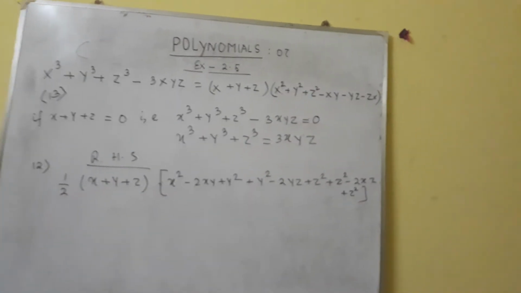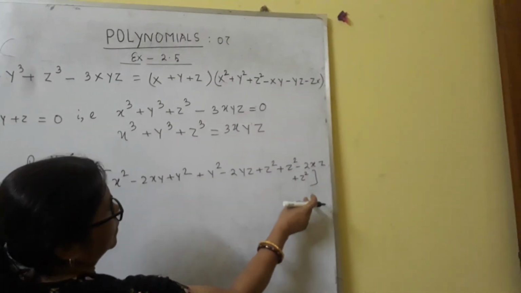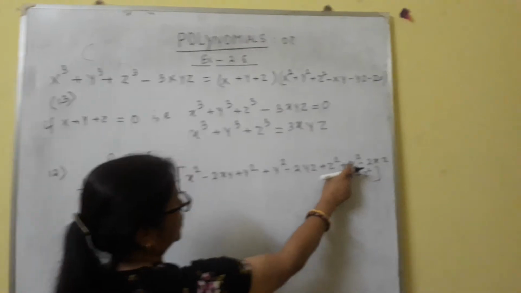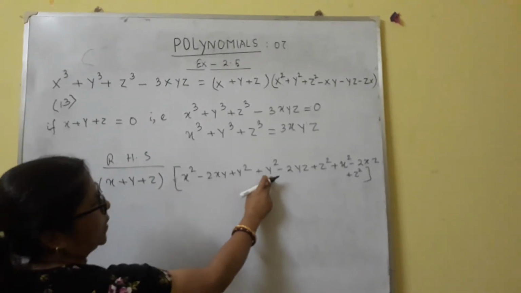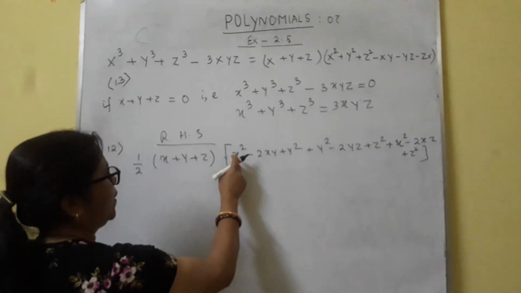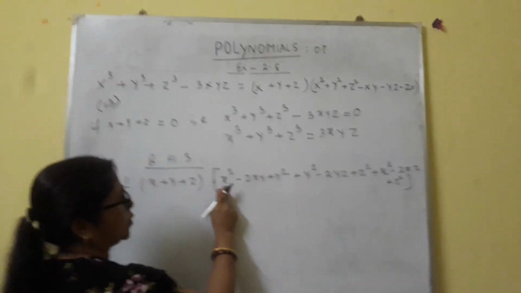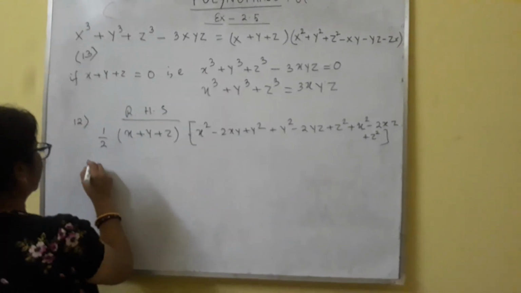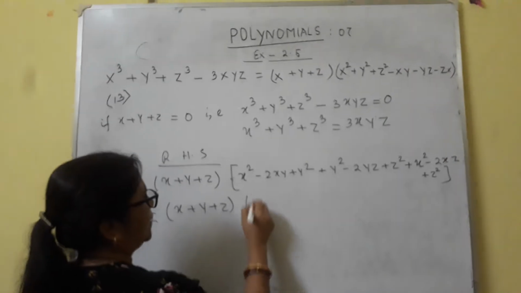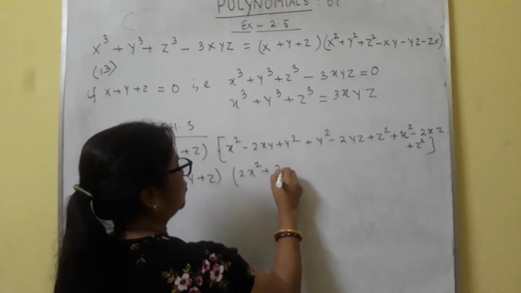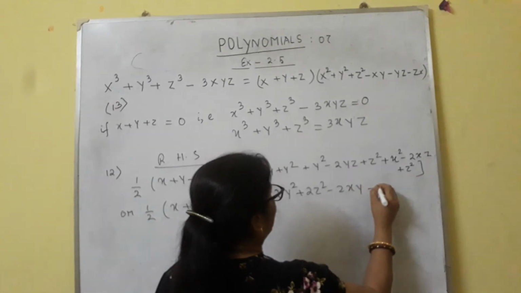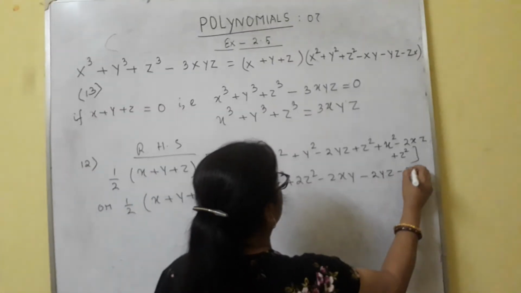Now if you add it, you get 2x square, 2y square, 2z square, minus 2xy minus 2yz minus 2xz.